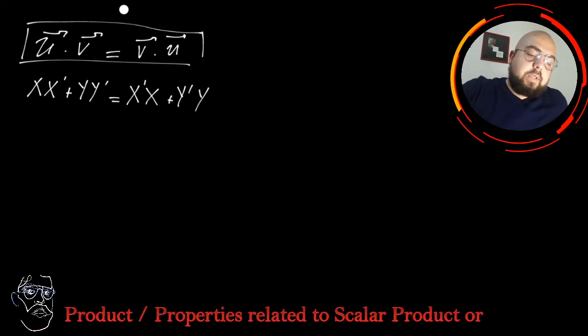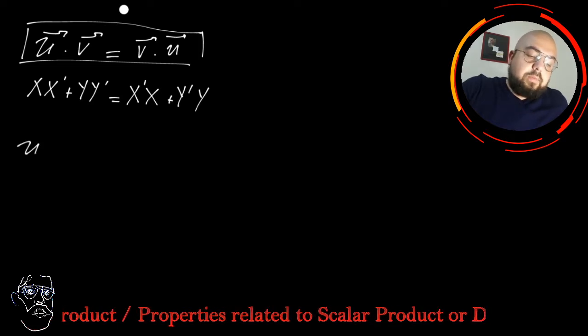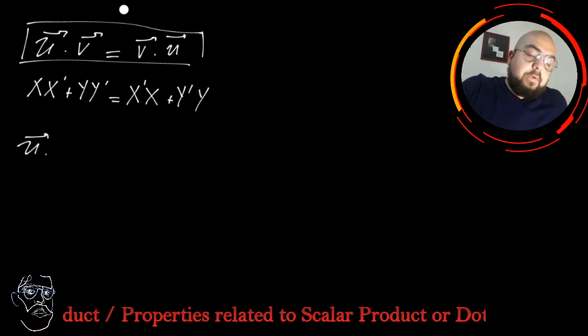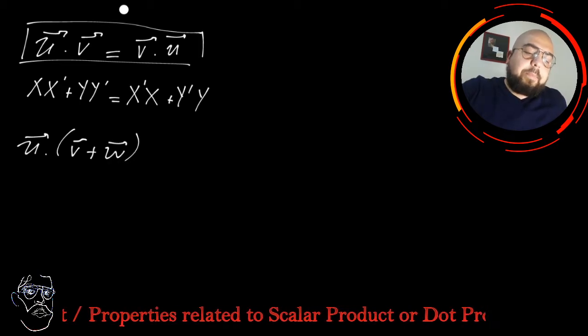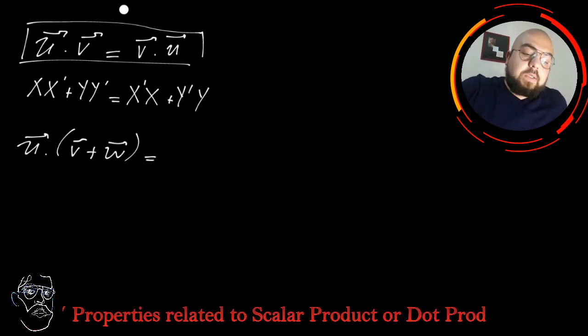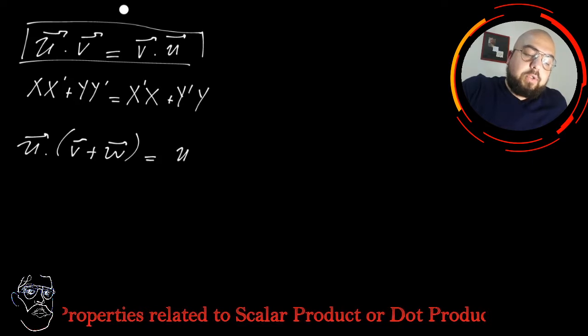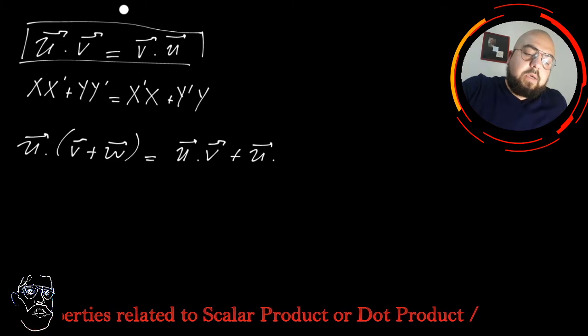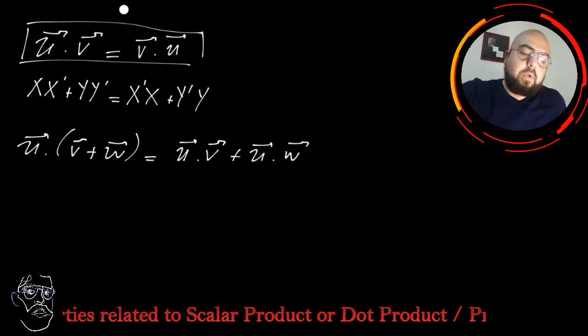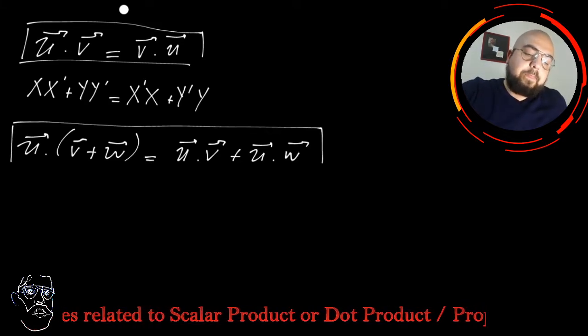The second property is when you have u scalar, let's say, v plus w. You can simply expand it like a normal equation, so it's u scalar v plus u scalar w. Alright, this is the second property.